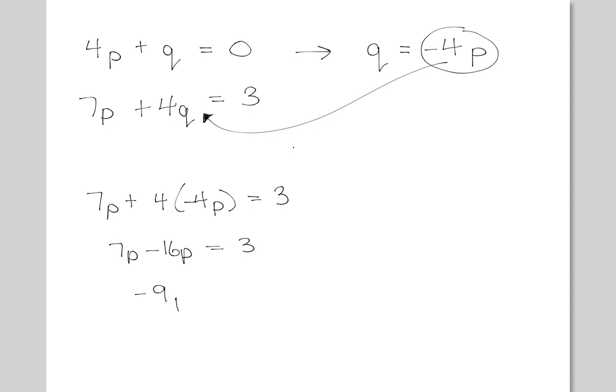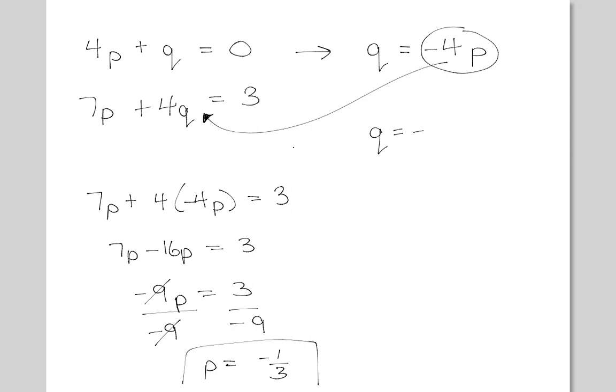negative 9p. Now this is where, how many of you think p is 3? How do you multiply 9 by something to get to 3? You'd have to times it by a fraction. I didn't know it was going to be a fraction. Okay, and then once you have p, you can go up here and solve for q.